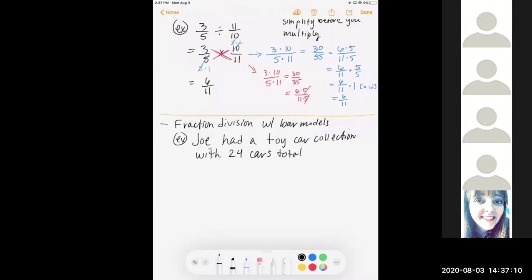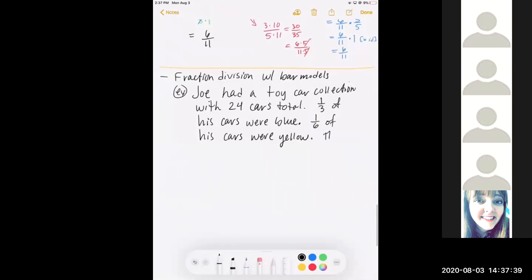These are 24 cars total. 1/3 of his cars were blue. 1/6 of his cars were yellow. The rest were red. And the question is, how many toy cars were red?